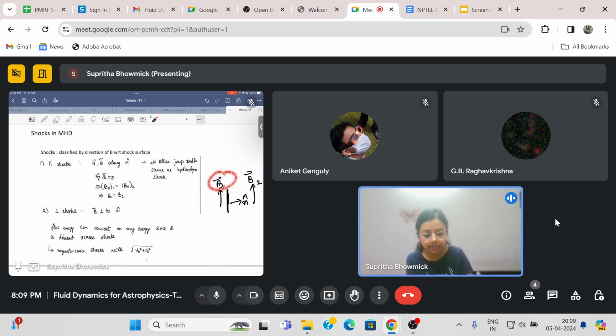If they're different in the two regions, then clearly the magnetic energy in the two regions is different, right? So what is adding to the magnetic energy? You actually have flow energy converting to magnetic energy that gives you a different value of the magnetic field across the shock front.